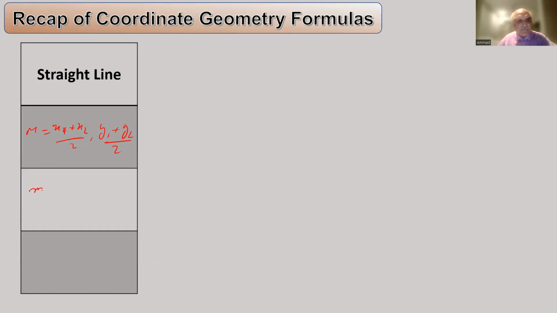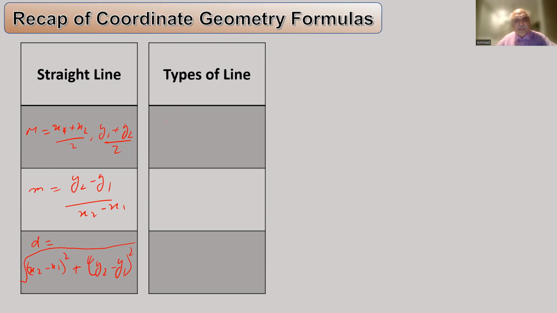We have studied the gradient formula, which is (y2 minus y1) over (x2 minus x1), and the distance formula between 2 points, which is the square root of (x2 minus x1) whole square plus (y2 minus y1) whole square. In types of line, if lines are parallel, their slopes should be equal. For perpendicular lines, the product of slopes should be minus 1.